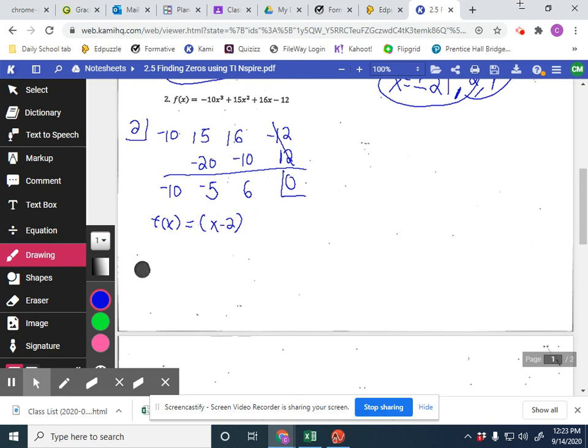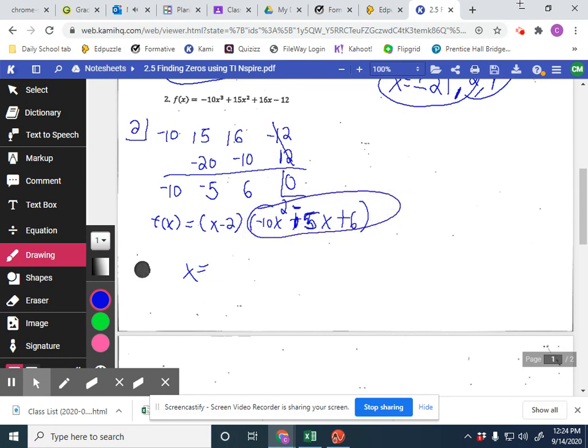And then we're left with this quadratic, -10x squared plus 5x, or excuse me, this is minus 5x, and then plus 6. Now this, you could try factoring. It doesn't factor, so unfortunately, you would use the quadratic formula. But you kind of get a hint because from the graph, those other 2 zeros are like 1.05 and 0.564.